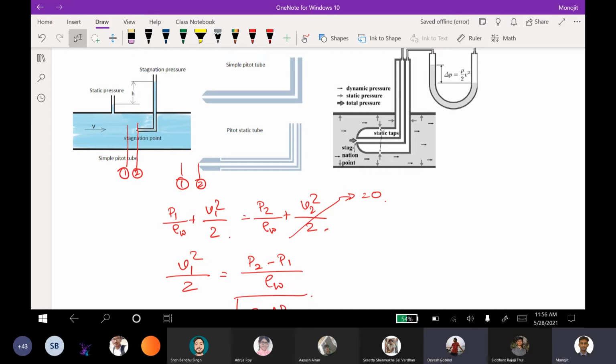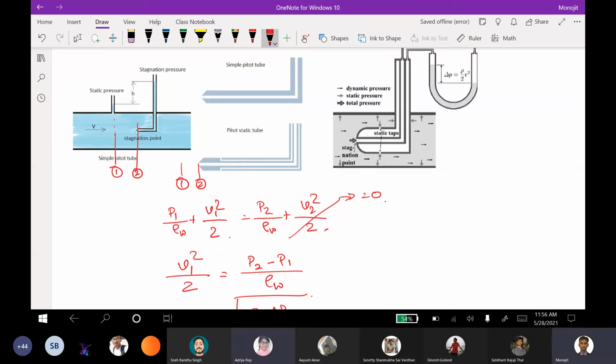The only force acting on the body is gravity. No. Ideally, the way I have drawn this image, your 1 should be here, because there you have the manometer tapping, which is used to measure your static pressure. Are you getting my point?